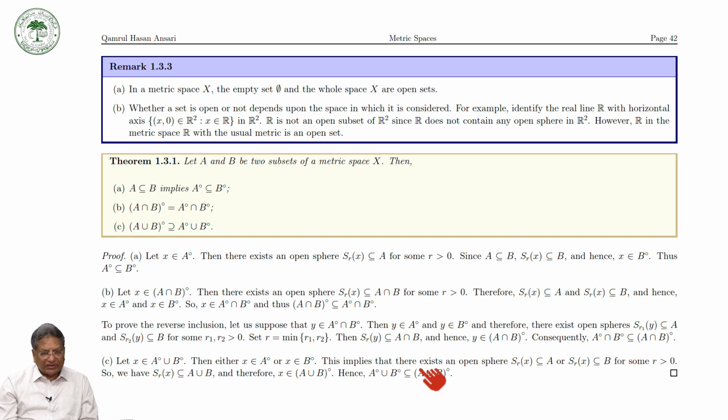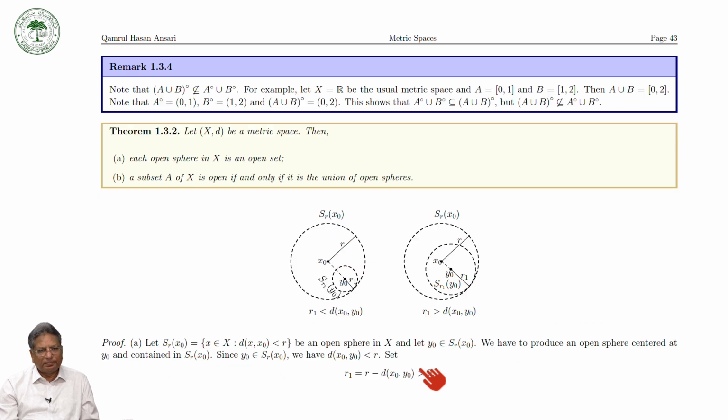But as I mentioned, the reverse inclusion does not hold good. That is to say, interior of A union B may not be a subset of interior of A union interior of B. So this may not be true.